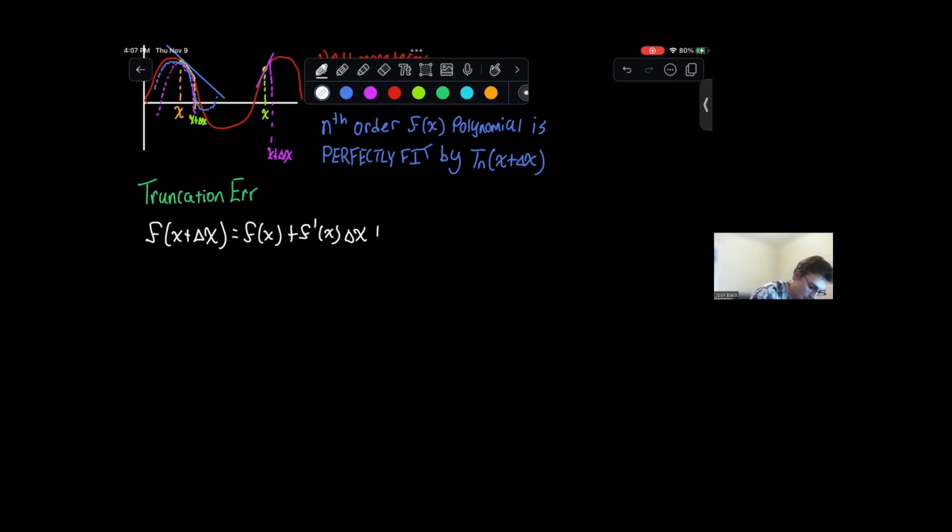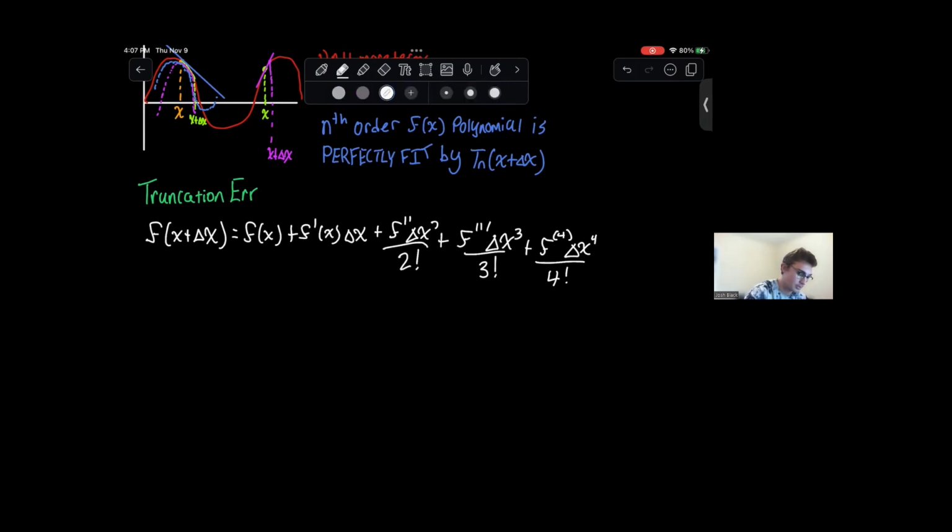We could add f double prime delta x squared. Boom, we could add this one too. Boom, we could also add this one too. Just like that. But do we need it? No. We're doing our first order polynomial. Why would we add all this for nothing?